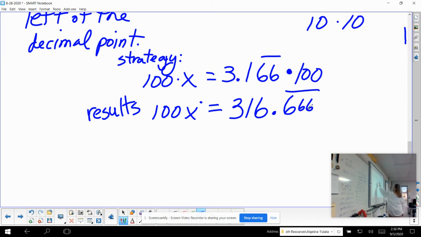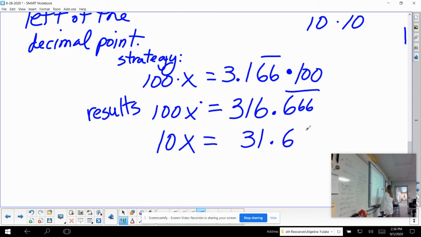And my small equation was 10x equals. The small equation has the repeaters by themselves. The big equation has one of the repeaters with the other numbers. So that's how you would always do this. And sometimes it'll be 3 moves. So sometimes this will be 1,000. If it's 3 moves, it's 1,000.